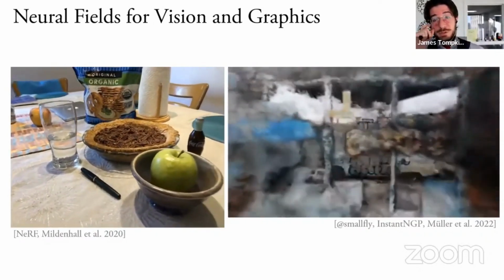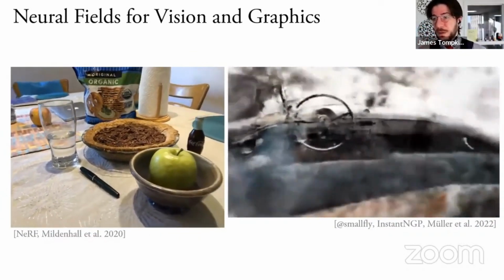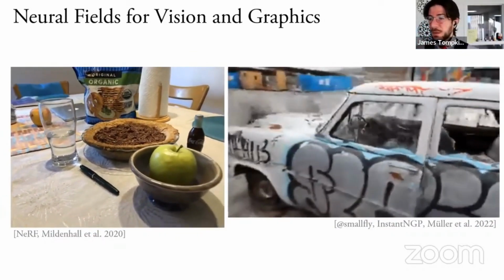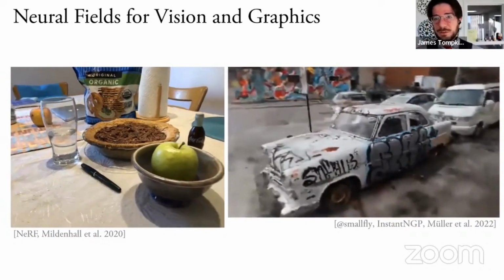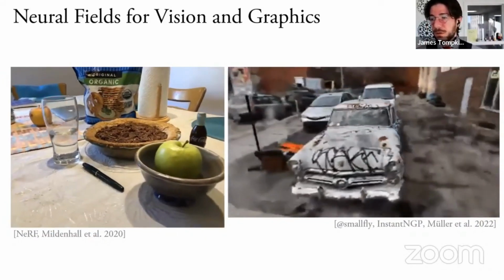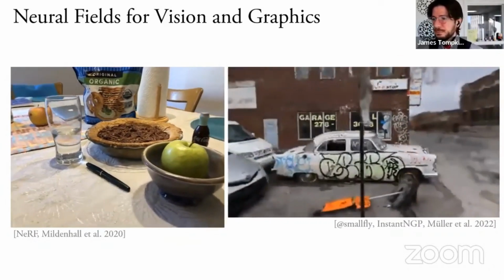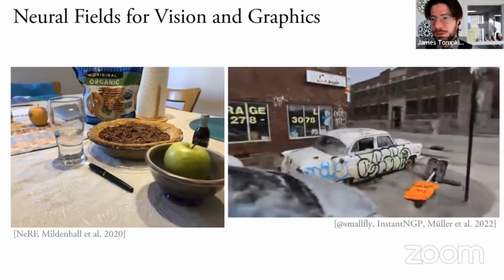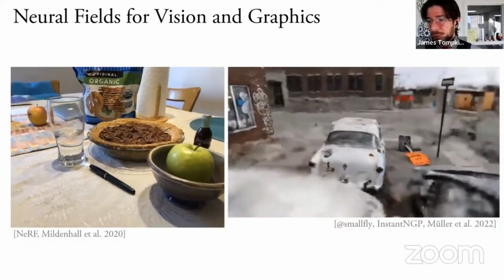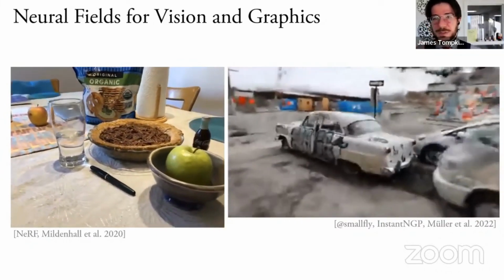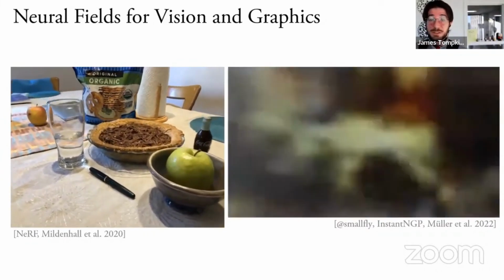And with these two properties represented through the field, we can resynthesize new views of scenes that were captured only from sparse views. This is beautiful, beautiful results. We see complex reflections, very, very smooth interpolation in this view synthesis task.